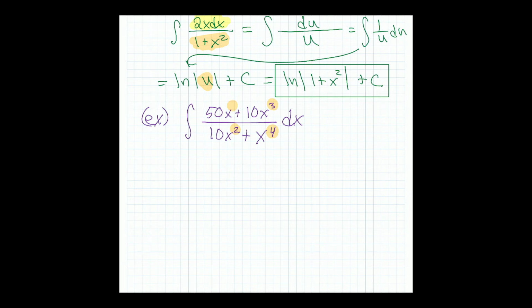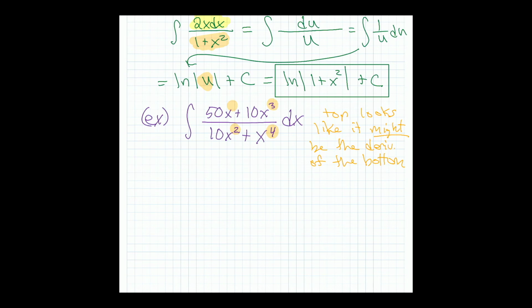So the top looks like it could be the derivative of the bottom, and that's the kind of thing that you want to notice. The top looks like it might be the derivative of the bottom. Now, in order to work it out, you've got to actually try to make the substitution and see if it works. Okay.